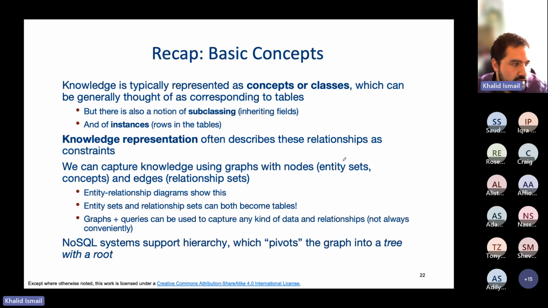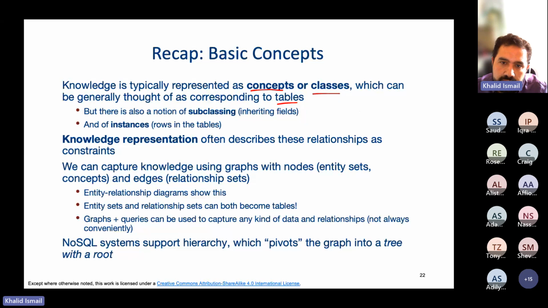Okay, so a recap. This is the last slide. So, basic concepts. Knowledge is typically represented as concepts or classes, which can be thought of as corresponding to tables, i.e. each class or concept can be represented as a table.